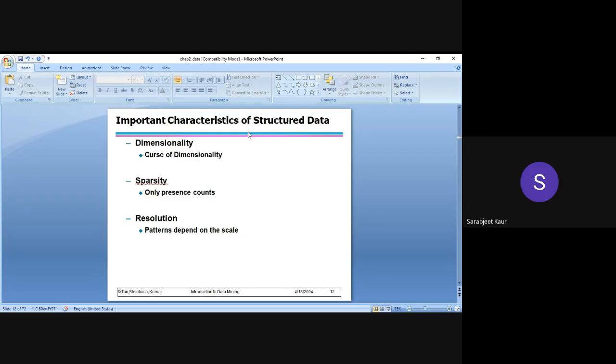Okay, so resolution itself is a very important consideration when we talk about data.